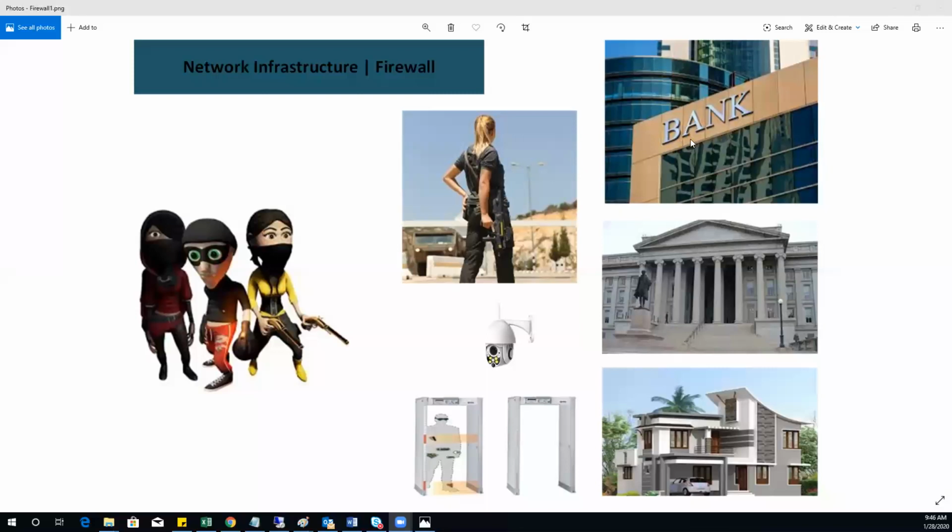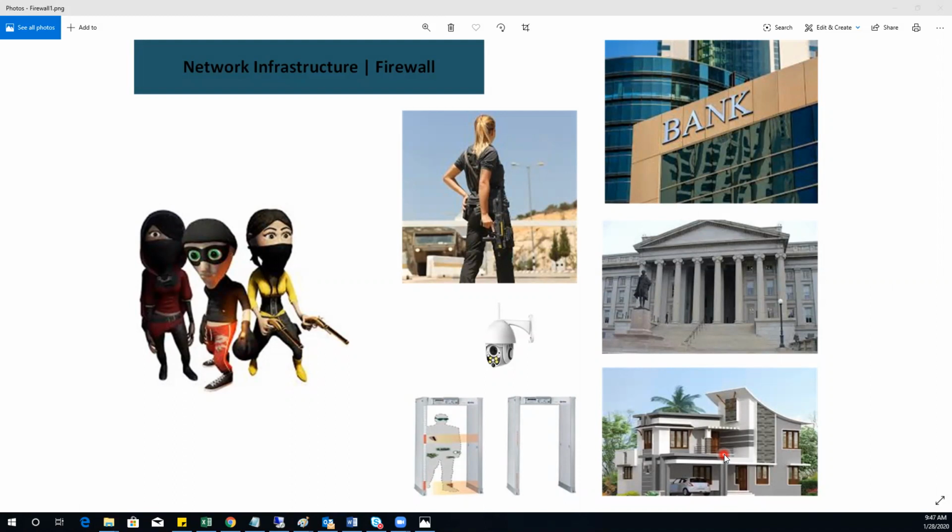Here you can see in the image, we have banks, we have government offices, and we have our own houses in societies, and other organizations like colleges, schools, universities, and a number of private organizations which are operational in our country, in our society, or in our city.